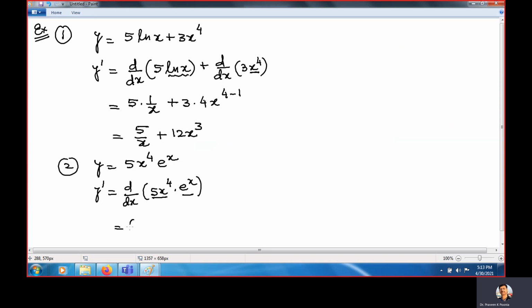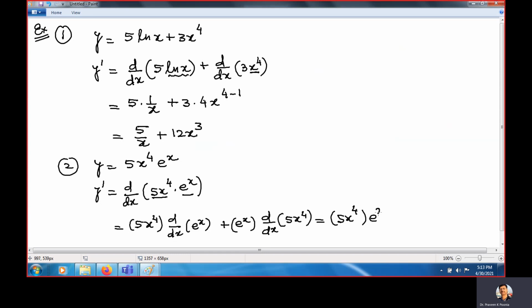Product rule means the first function same to same, the derivative of the second, plus the second function same to same, the derivative of the first. It is equal to 5x power 4 times d by dx of e power x. It is the same, e power x.